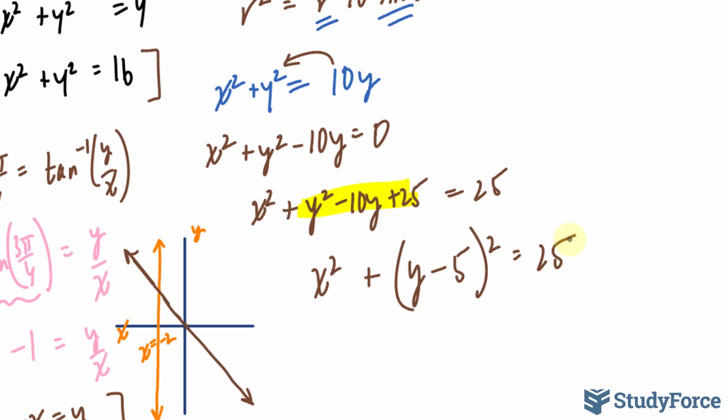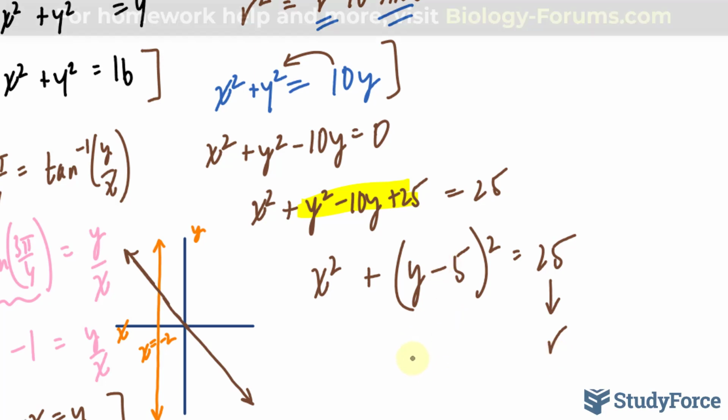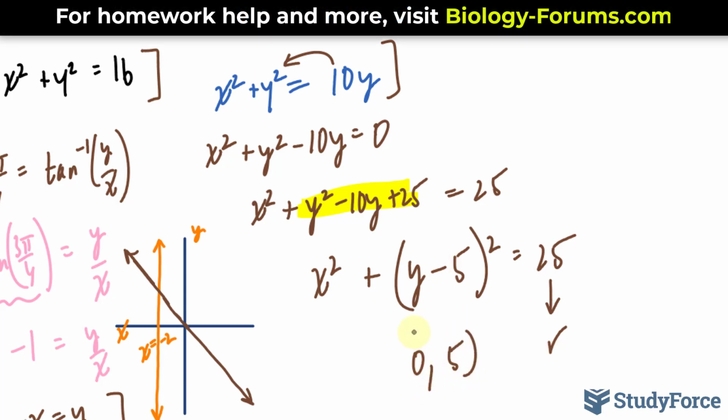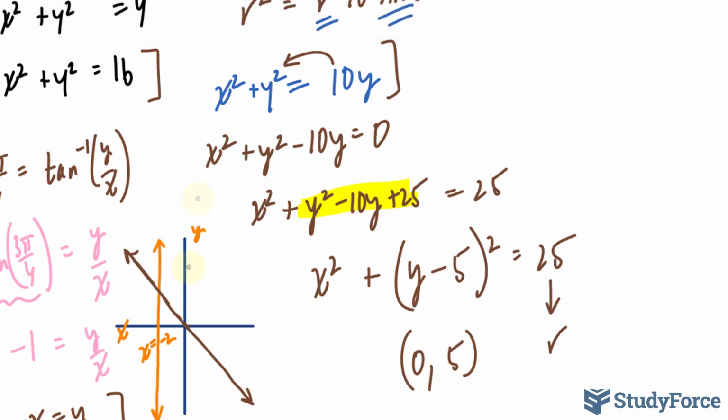The reason why this equation is better than what we had originally at this stage is because this is an equation of a circle. Its radius is the square root of 25, that's 5. Its center would be at 0 and positive 5. So looking back here, 0 and 5 is this point right here, and whose radius is 5. So this can be represented as the radius, and the circle would look like this.